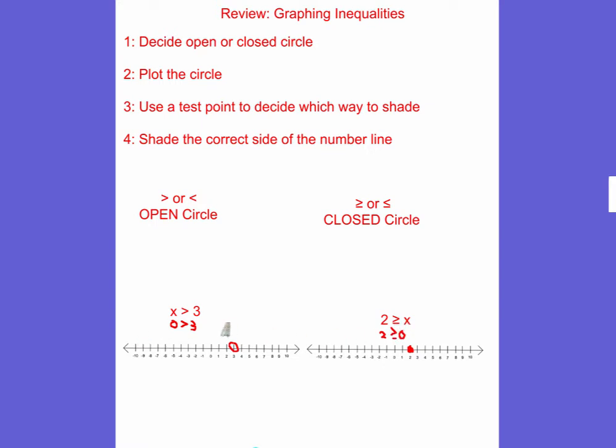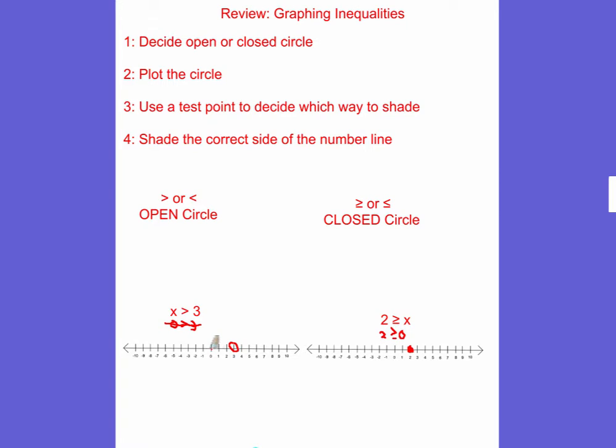And what I want to do is look at these two inequalities that I just made. I want to say, are those true? Does that make sense? Is 0 bigger than 3? Well, obviously that is not true. 0 is not bigger than 3. So I do not want 0 to be in my solution.